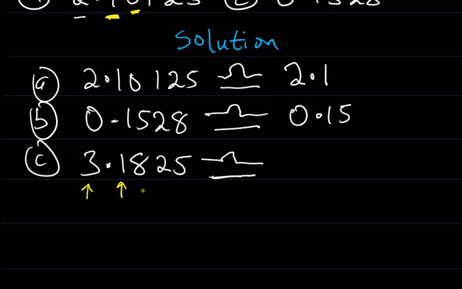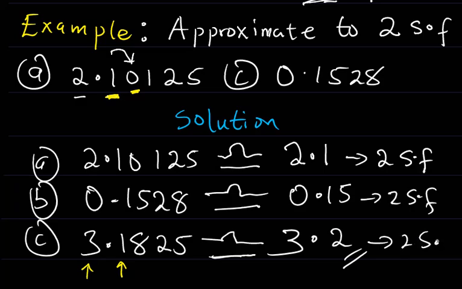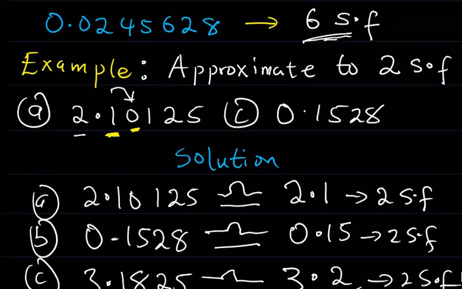Now the number after the second significant figure is up to 5, so I'm going to add 1 to the second significant figure in my approximation. So the answer is going to be 3.2. All of this approximation is to two significant figures, so please take note of that.